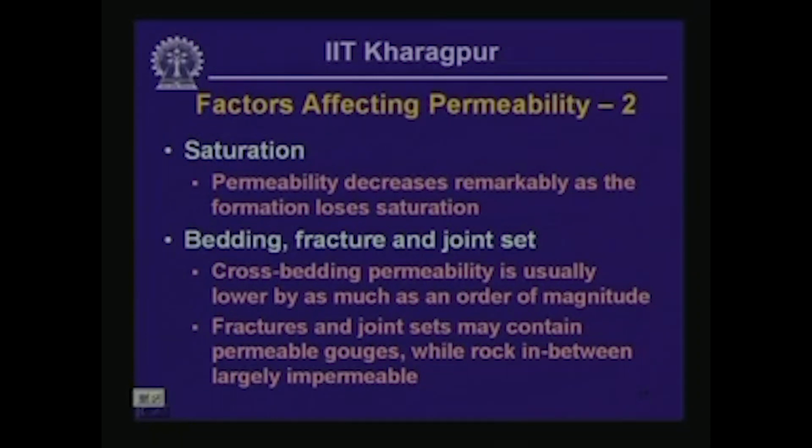Then the second aspect you need to consider is the existence of imperfections such as bedding planes, fractures and joint sets. Cross bedding permeability is usually smaller by almost an order of magnitude in many cases, and fractures and joint sets are more permeable in comparison with the rock that is in between the fracture or joint sets, and this also affects the distribution of permeability.